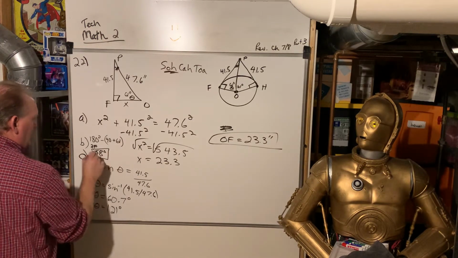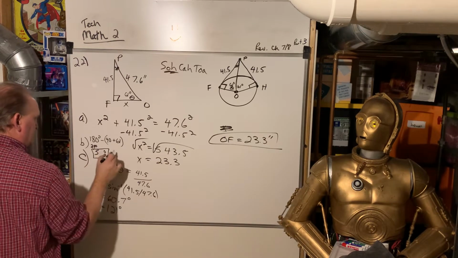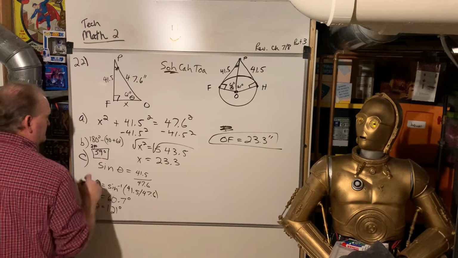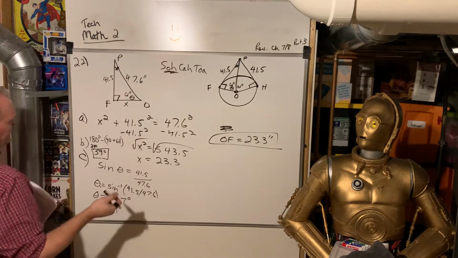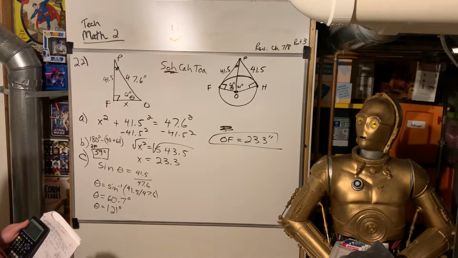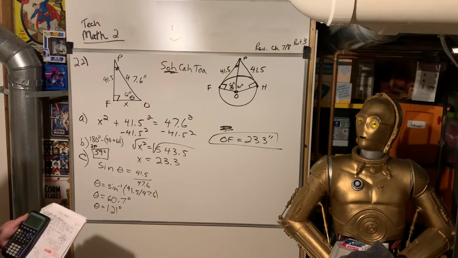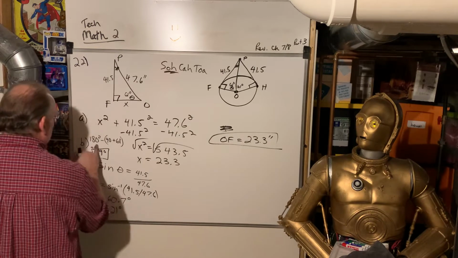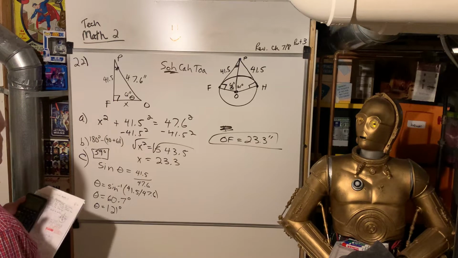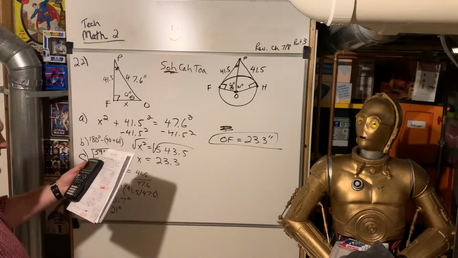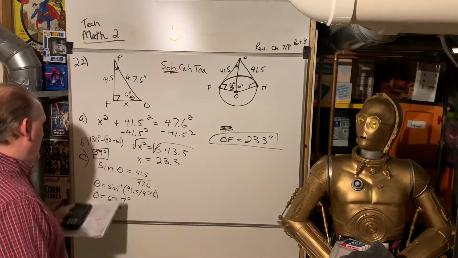So 58 degrees or 59 degrees, with the 121. So if you gave me 58, that would be okay. If you gave me 59, that would be okay. I'd accept either one. It depends on when you rounded it.